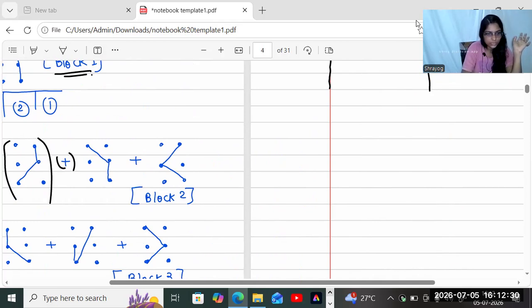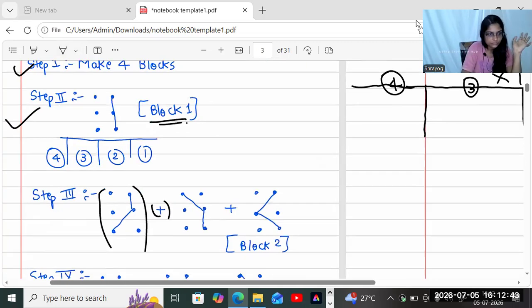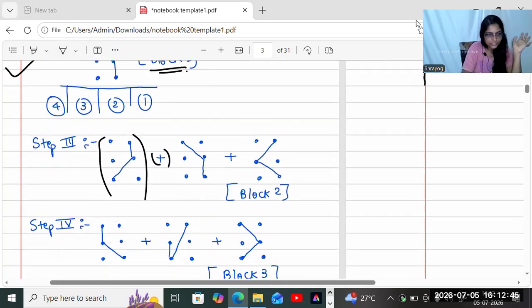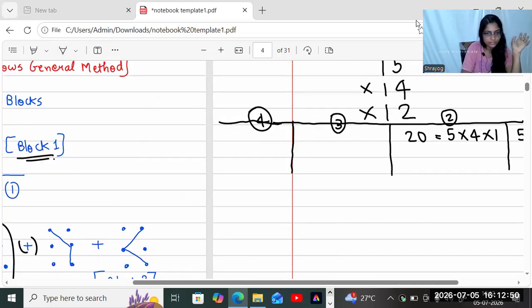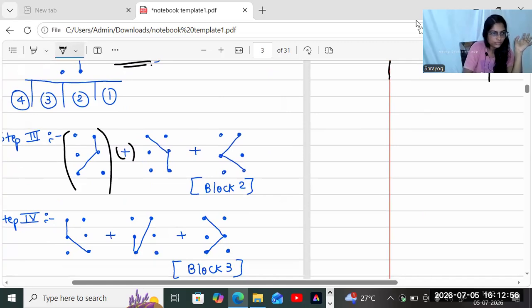On this particular dot, which numbers do I see? 5, 4 and 1. So first I'll do 5 multiplied by 4 multiplied by 1. Here I get 20. Now I see there is a plus here, so I will put a plus sign over here. This one is done.